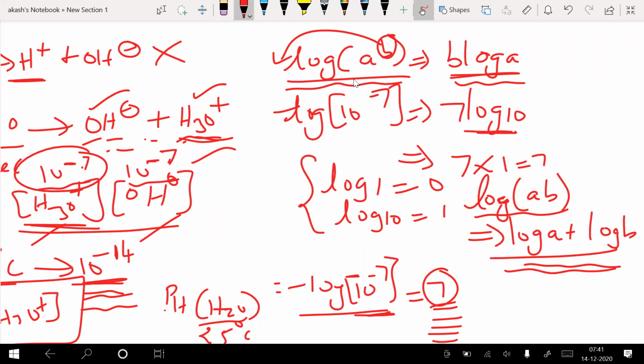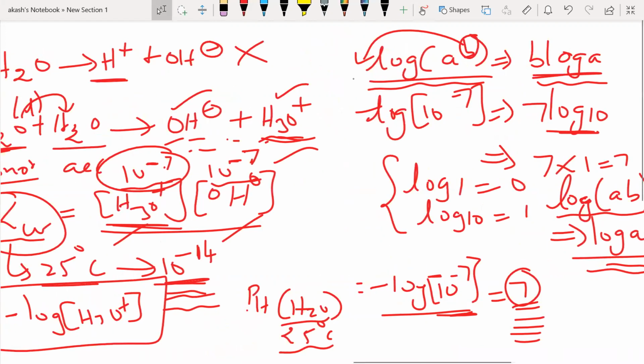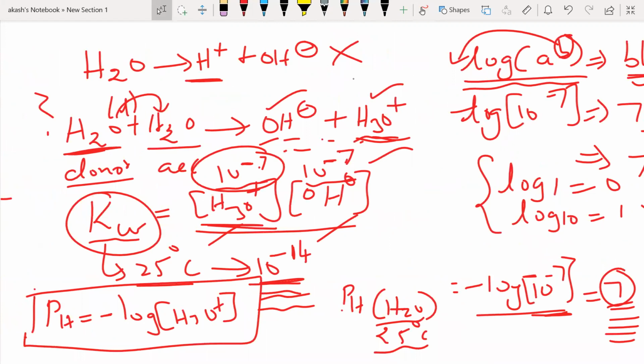One other thing to remember is the Kw value. Kw for water at 25 degrees Celsius is 10 to the power minus 14. Only from that I'll be able to derive the pH. So the Kw value we have to remember, the pH value of water is 7, the pH formula we have to remember, and the log operations. That's it.